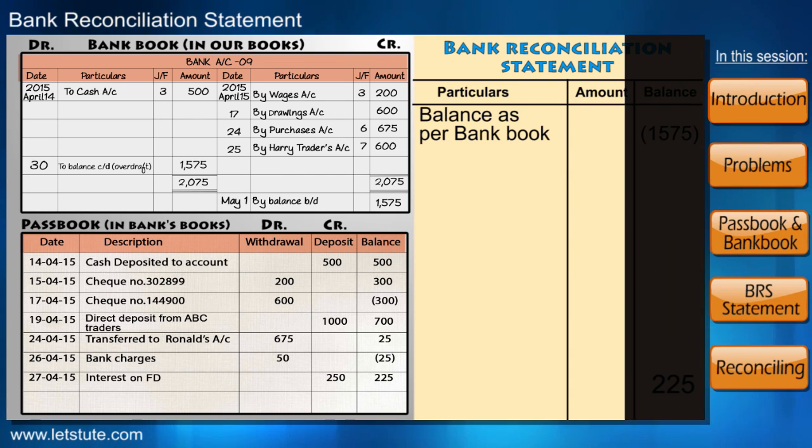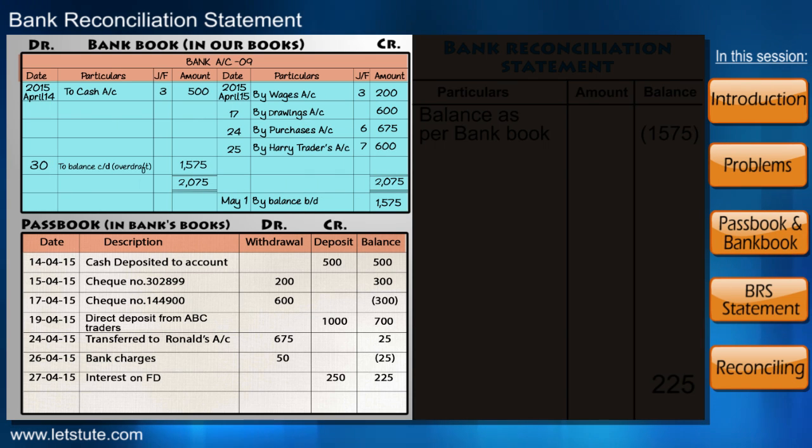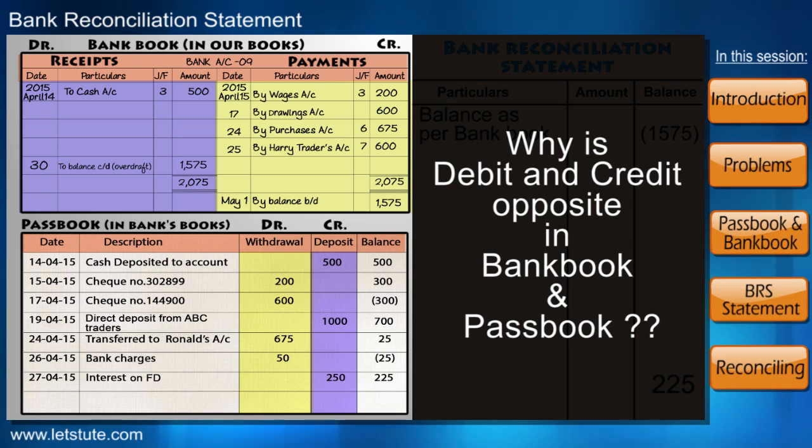But firstly, how do we read this bank book? Debit sides are deposits. All the amounts on the credit side will be our payments. And on this passbook, it is the opposite. Withdrawals are on the debit side and deposits are on the credit side. Have you ever wondered why that is so?